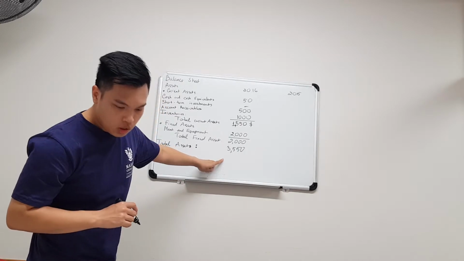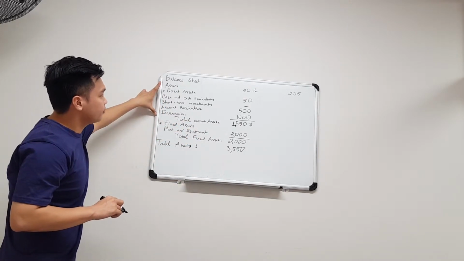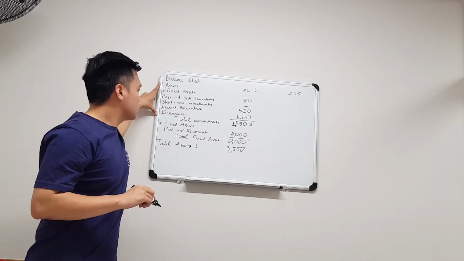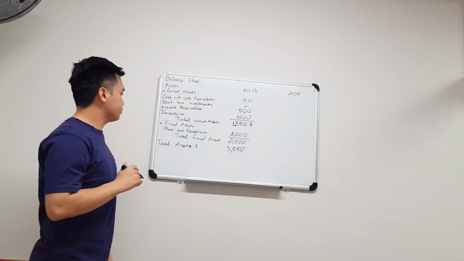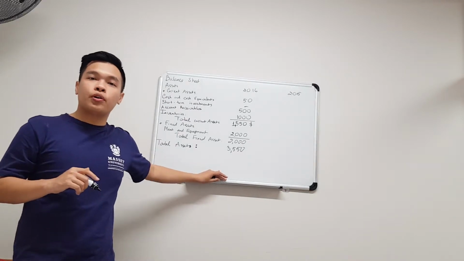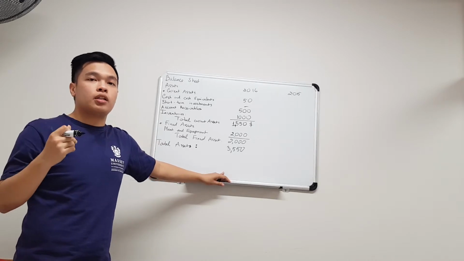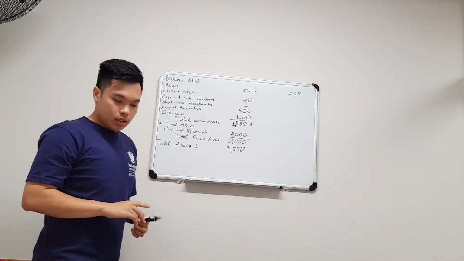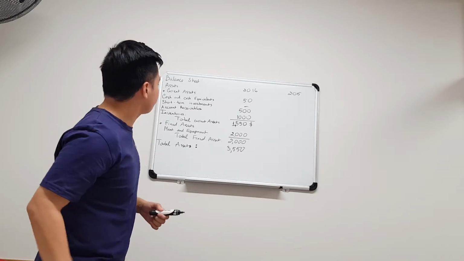So this is the assets part. It's the same for 2015, but this is a simple example for 1 year. You can imagine how it works.